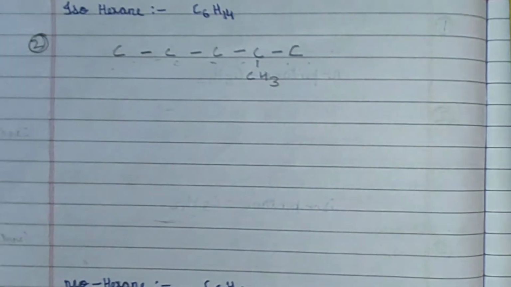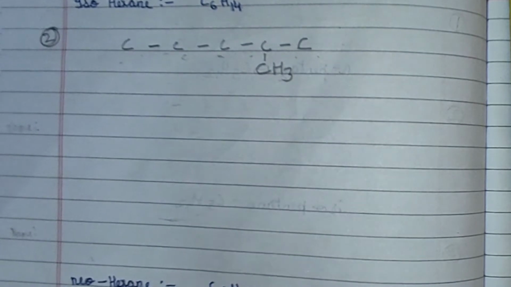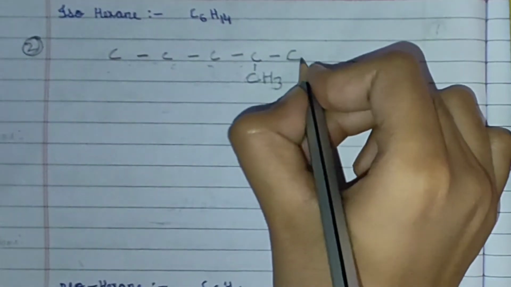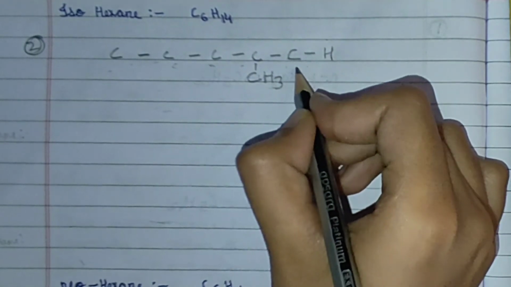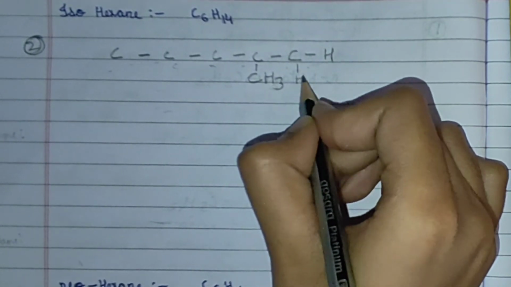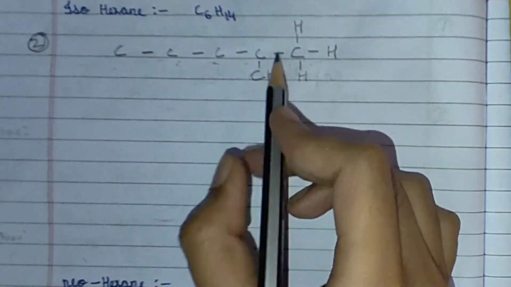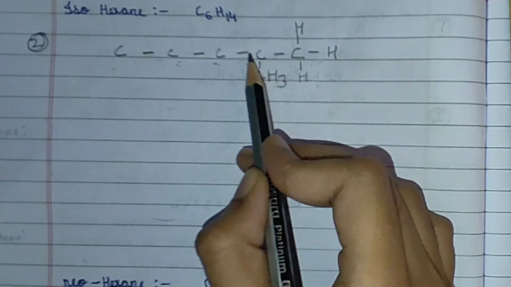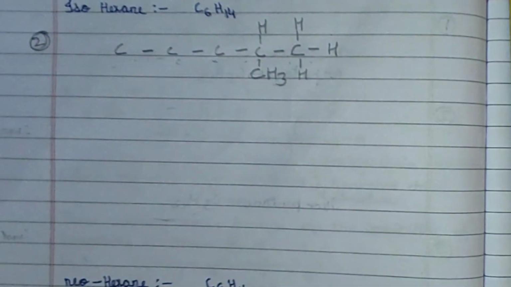Next we have to satisfy the valency of carbon. So this has one bond here, so it needs 3 more. So 1, 2, 3. Done. This one has one bond here, one bond here, and one bond here, so it needs 1 more. Done.